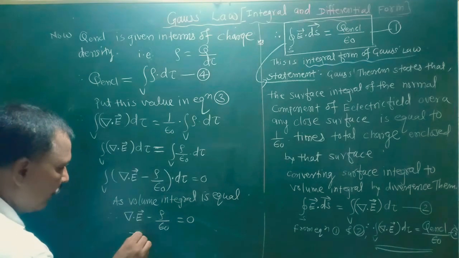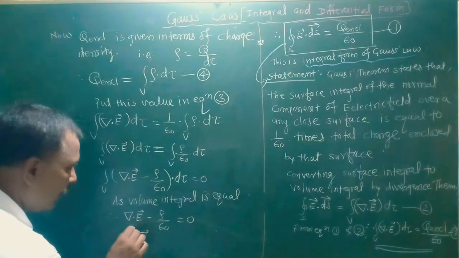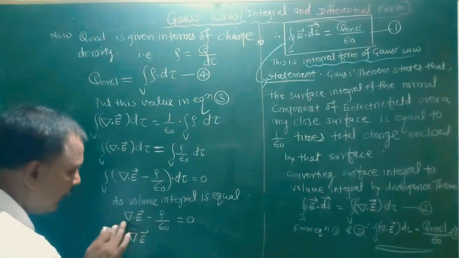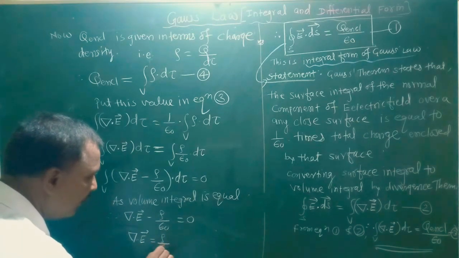And finally we write that divergence of E is equal to rho upon epsilon naught.